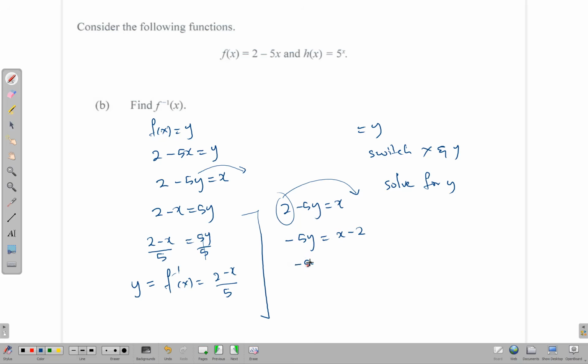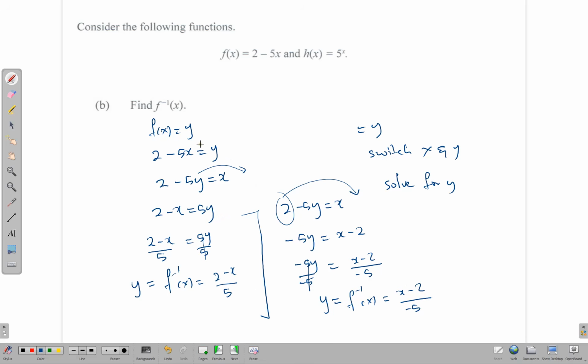So dividing both sides by negative 5, we end up with x minus 2 over negative 5, and that tells us that y, which is our inverse function, is equal to x take away 2 over negative 5. Now you may notice that both of them look slightly different, but essentially they are the same, because if you divide x over negative 5 and negative 2 divided by negative 5, you'll realize that both of them are essentially the same thing. So that's our inverse function.